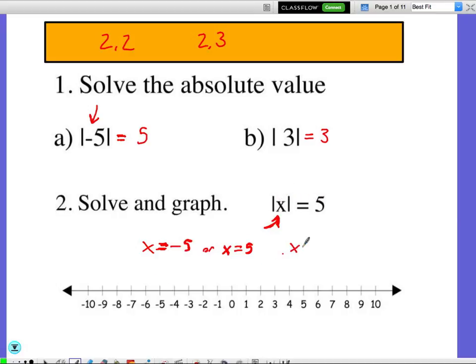Now, is there any other possible number that I can plug in for x so that I get a positive 5 out of this? So I did ask my students this, and some of them said yes, there is, but they couldn't give me a number.